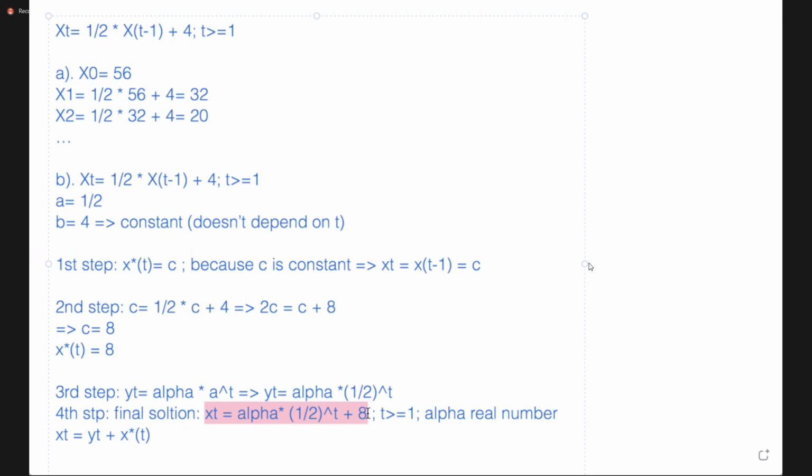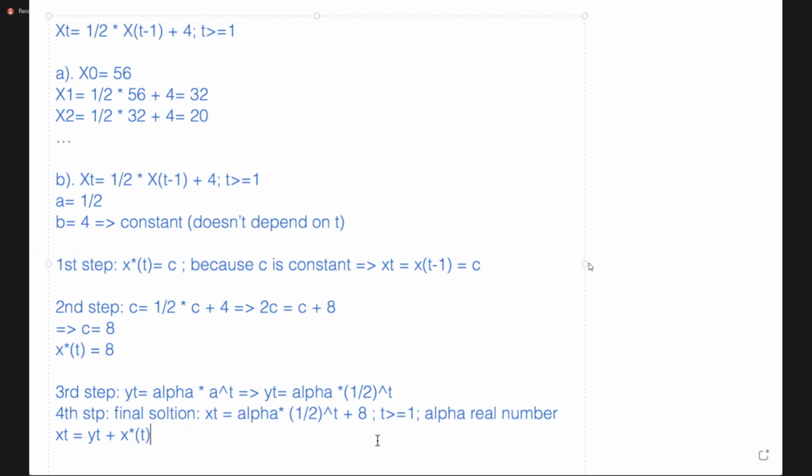I have one question. It's actually really clear, everything, only I don't know what is meant with alpha real number at the end. Oh, it means that we have to give this condition for alpha that it can be absolutely any number in the world, a fraction of something or absolutely anything, except for what are called surreal numbers.